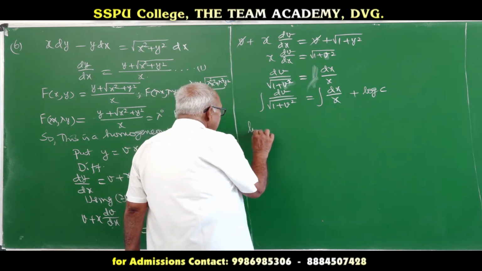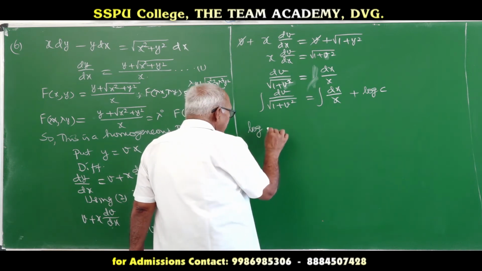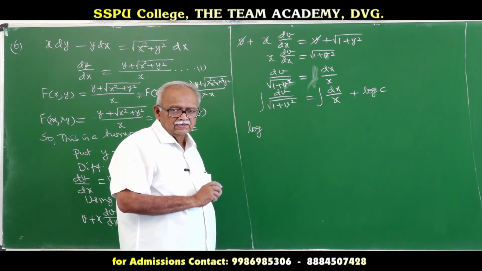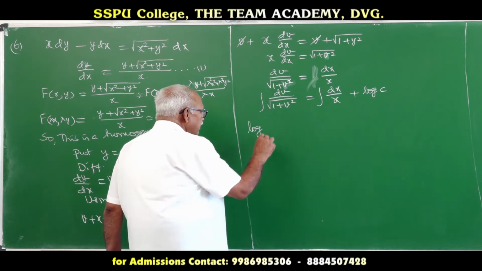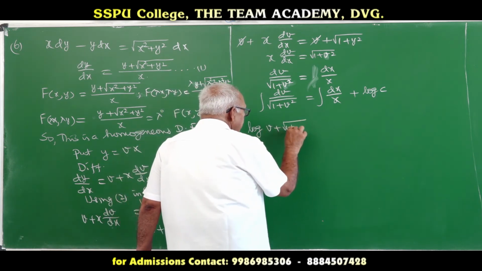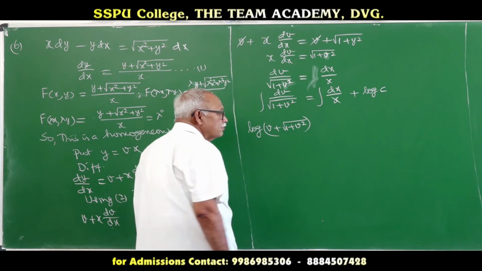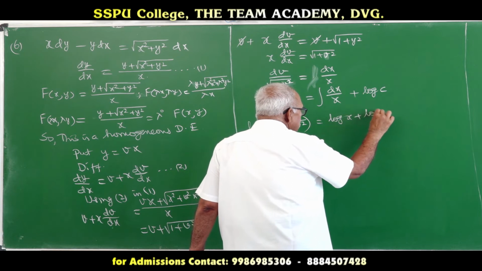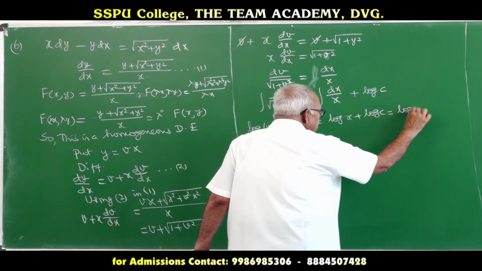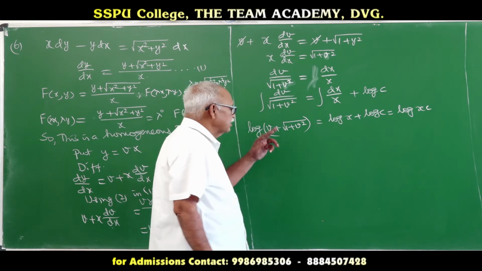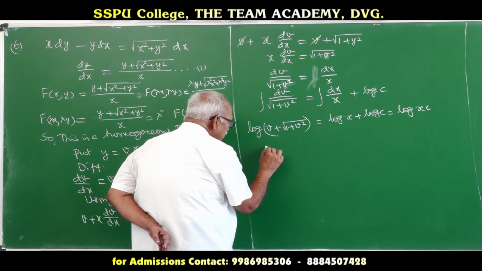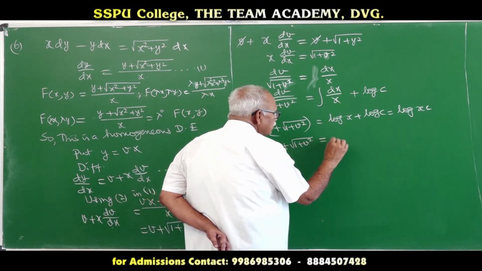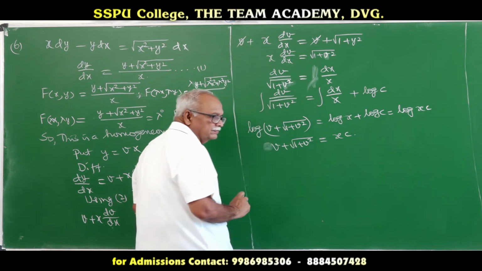That is log of x plus square root of a square plus x square. So, v plus square root of 1 plus v square is equal to log x plus log c. So this can be taken as log xc. So logarithm we can cancel. Now let us put v plus square root of 1 plus v square is equal to x into c.